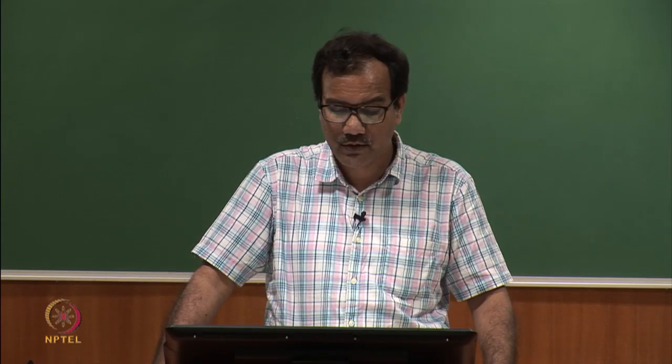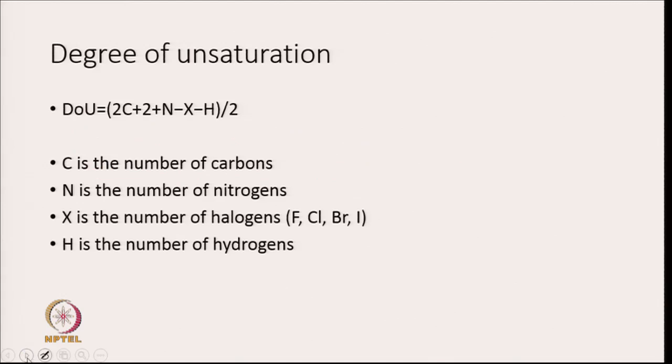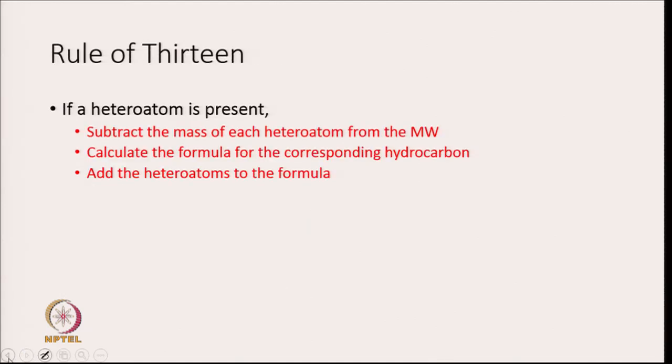Then what you need to do is subtract the mass of each heteroatom from the molecular weight. So, if you expect one oxygen atom, you simply subtract its mass. Then calculate the formula for the corresponding hydrocarbon and add the heteroatoms to the formula. From that you can know the formula of the compound.